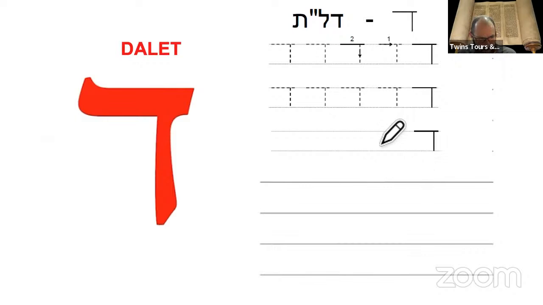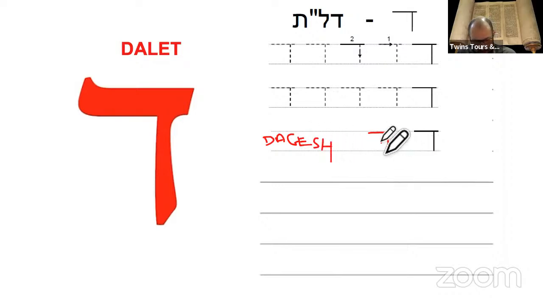And we learned about the Dalet. With a dot, it's like D, it is strong. This dot is always called Dagesh. Dagesh in Hebrew means strong.